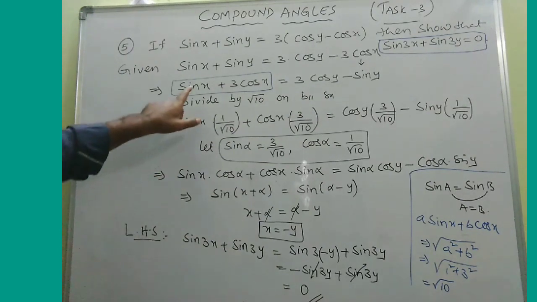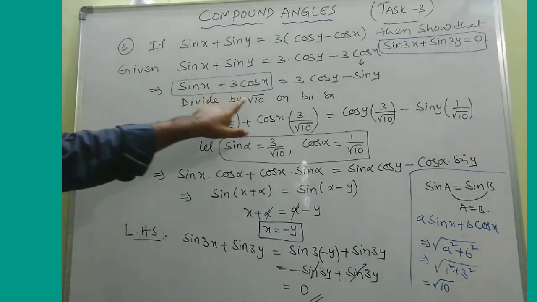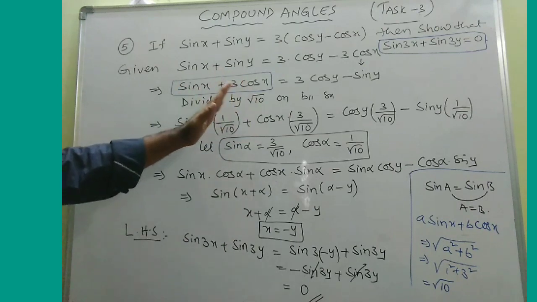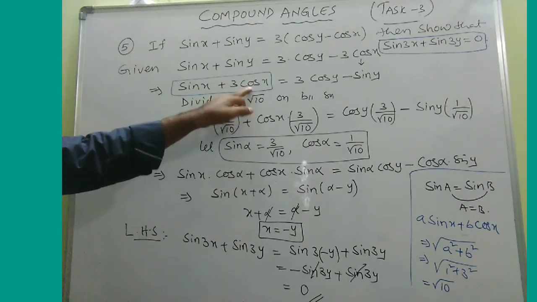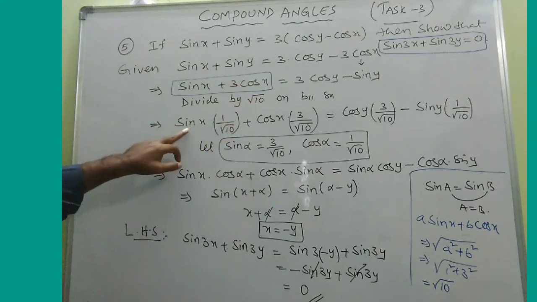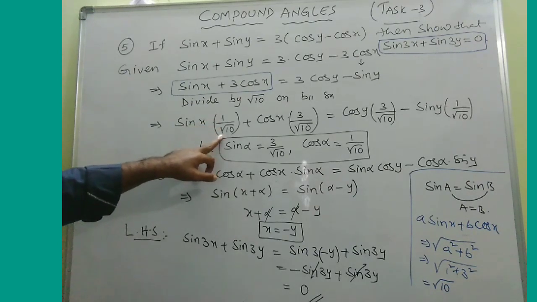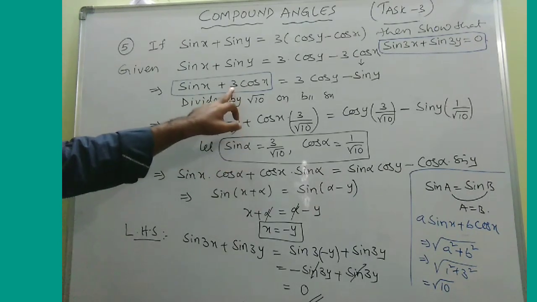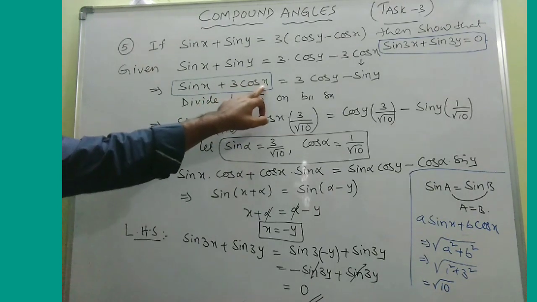So actually sin x plus 3 cos x whole divided by root 10. But further we can split it now: sin x by root 10 plus 3 cos x by root 10. Finally, sin x by root 10, I can write as sin x into 1 by root 10, plus 3 cos x by root 10, I want to write as 3 by root 10 into cos x.